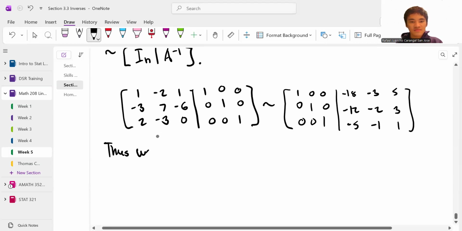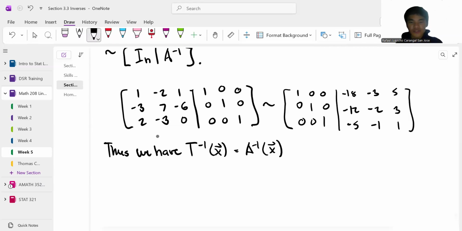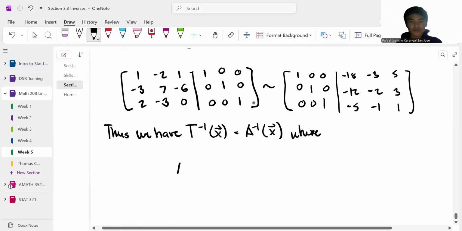So thus we have the T inverse, and we put some input vector in there, which is equal to A inverse. Now this A matrix that we're finding is going to be A inverse.